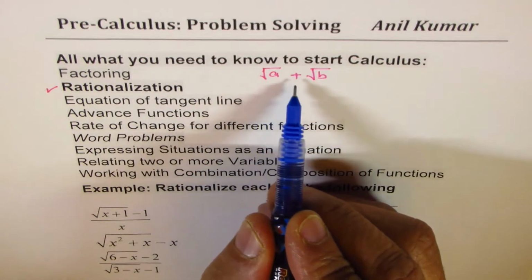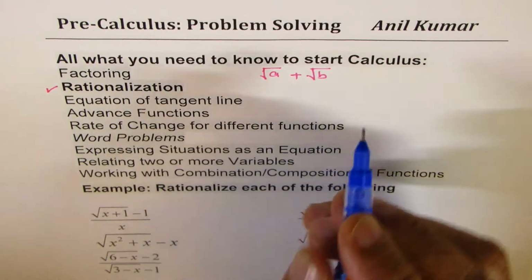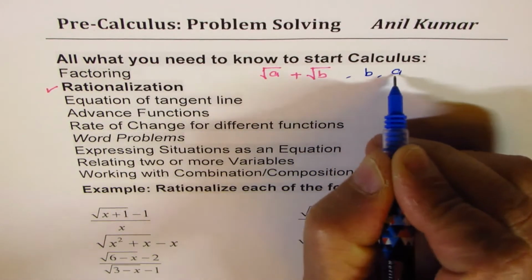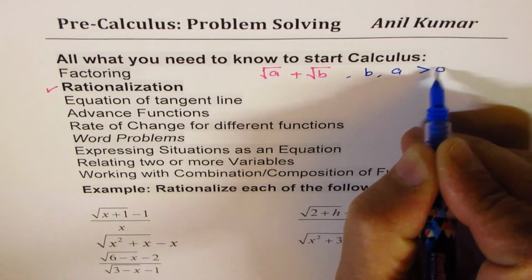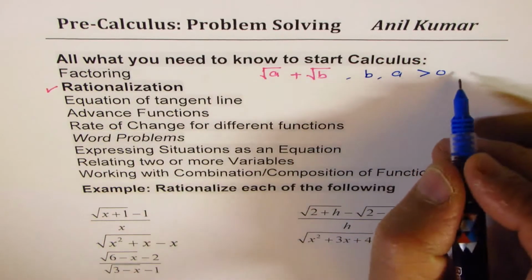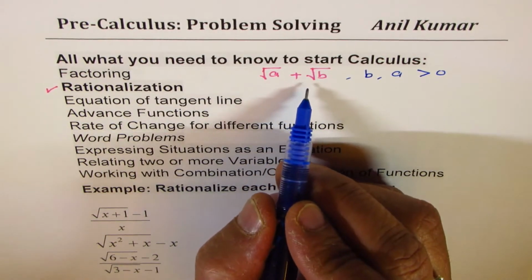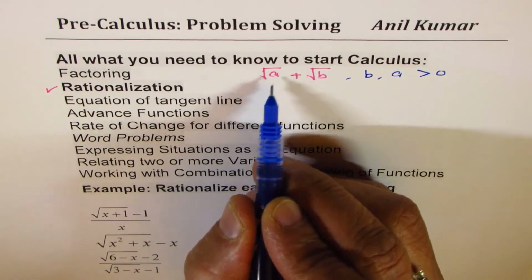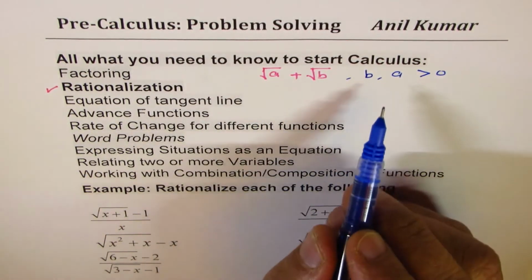Now square root of a plus square root of b means that a and b, both are greater than 0, right? Since within the radical sign, when we are working in the domain of real numbers, we don't have any real number for square root of negative numbers.